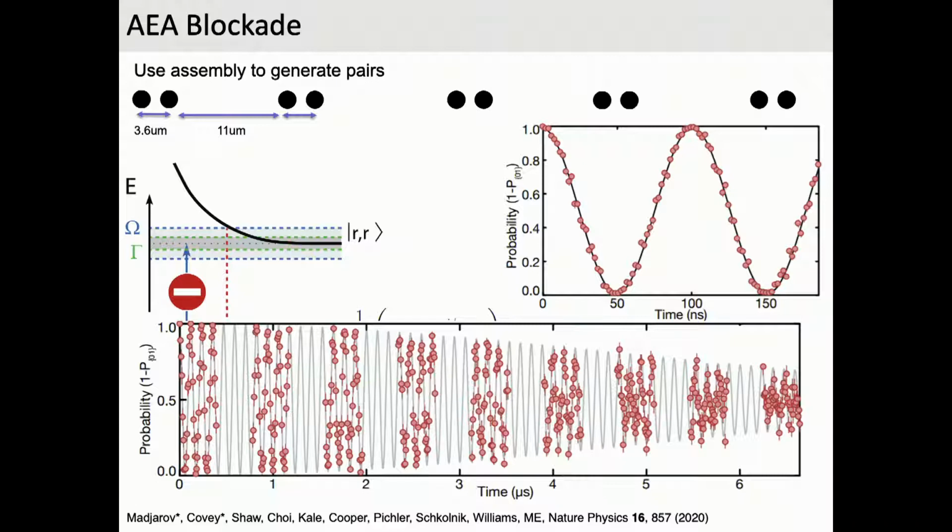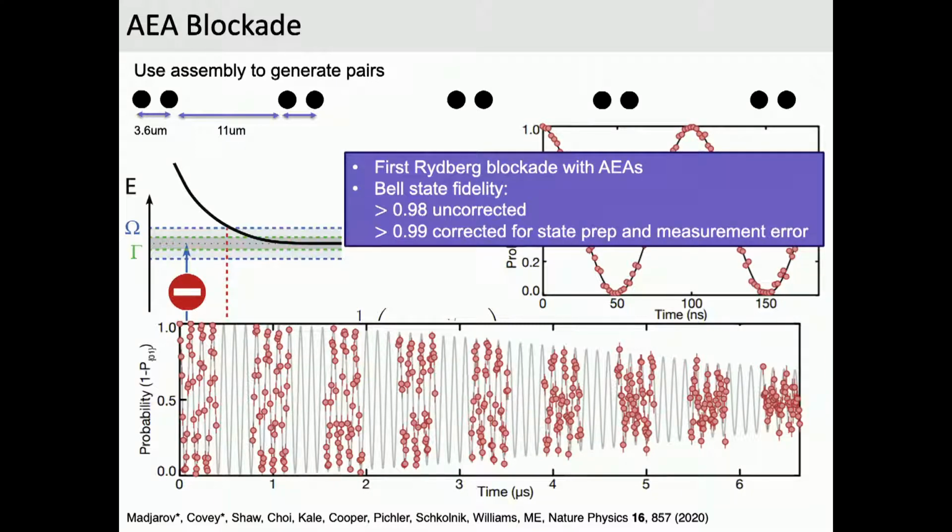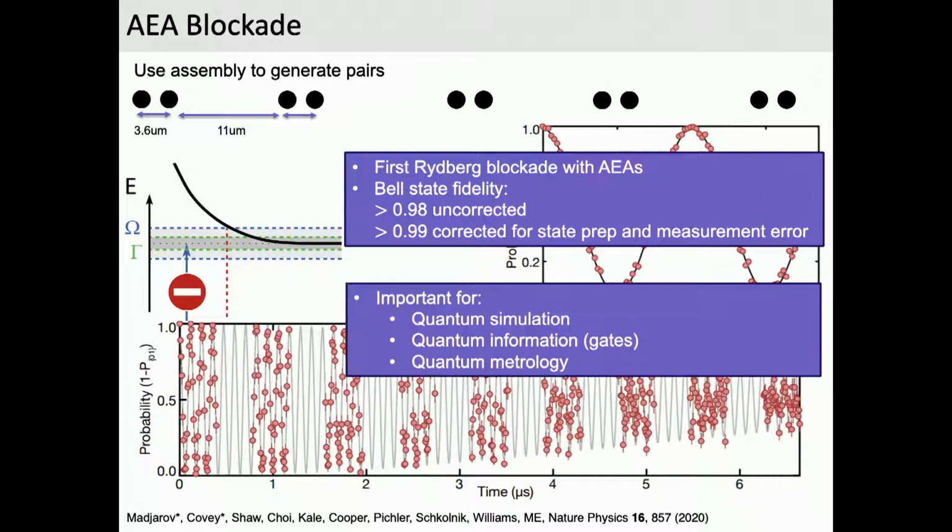You see up to maybe 50, 60 of these oscillations, and you can also analyze this in a little more detail, and you can see, for example, that the Bell state fidelity you get is above 99% if you correct for preparation and measurement errors. I think this is a very important building block to go to these high fidelities for applications in simulation, gates eventually, and potentially also for metrology on top of the clock transition.